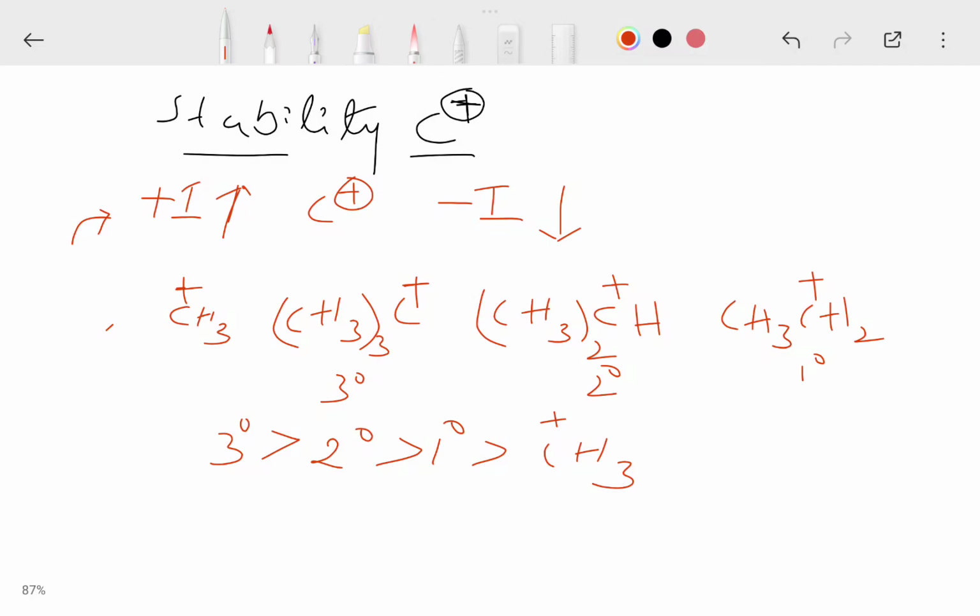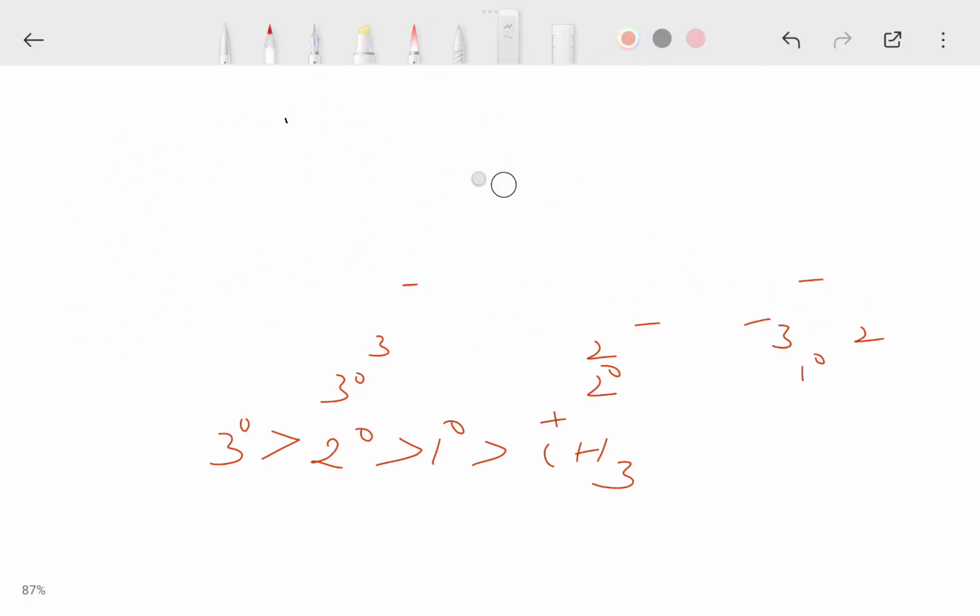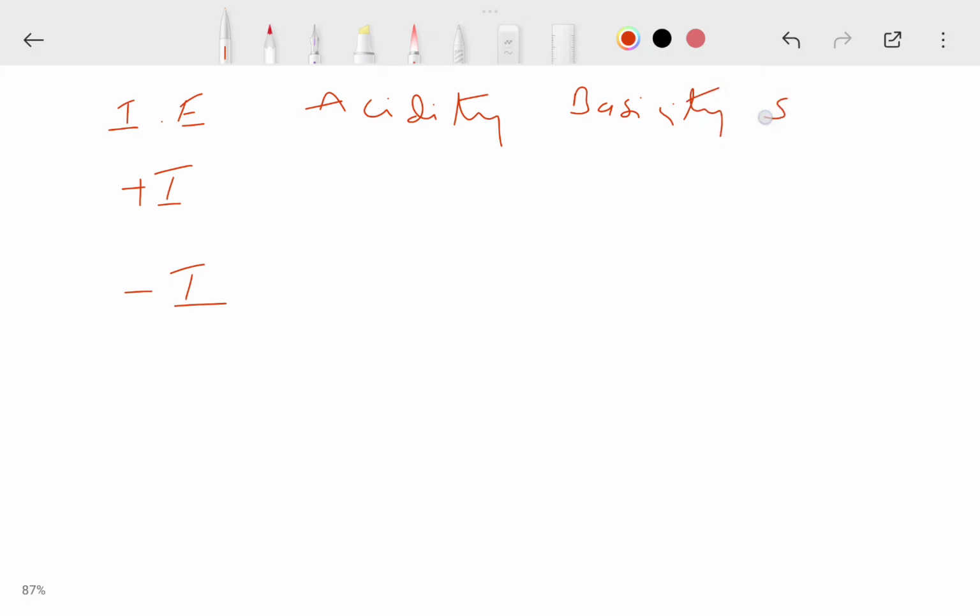These are the applications of the inductive effect. In the inductive effect, two types of groups are there: one is plus I groups, and the second one is minus I groups. Next to acidity, basicity, and stability, we already discussed that plus I groups are electron releasing groups and minus I groups are electron withdrawing groups.